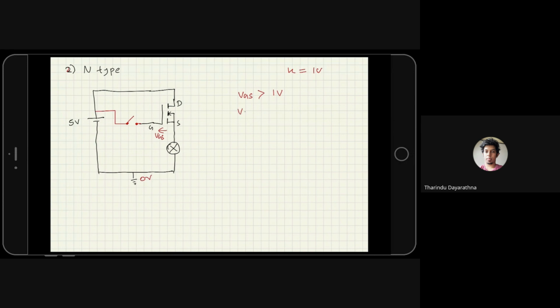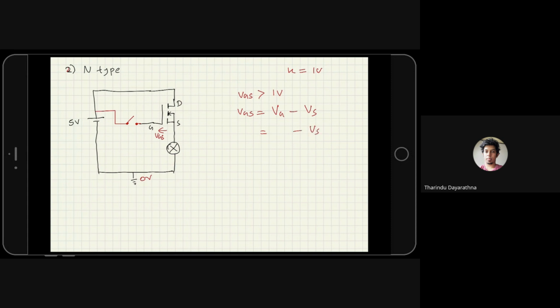VGS I will write as VG minus VS. Initially it's not conducting, so this 0 volt will appear here. That's how it works in electrical theory: if 0 volt, this will appear here, which means this VS will become 0 again.